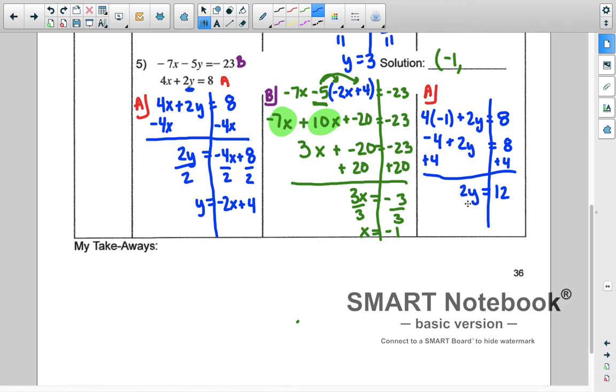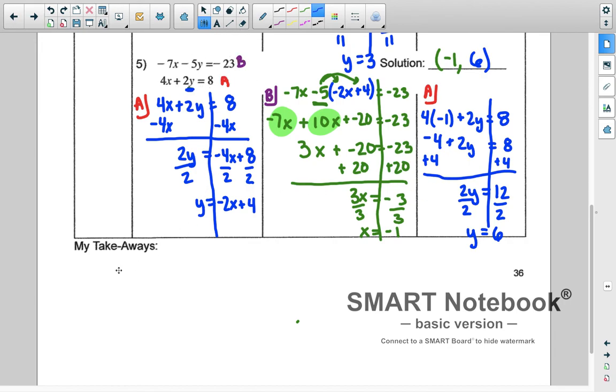And then undo this multiplying by 2. We're going to divide by 2, divide by 2. So y equals 12 divided by 2, which is 6. So in our pair here, y is 6, which again means if we plug in negative 1 and positive 6 in for the x and the y, we're going to get true equations.